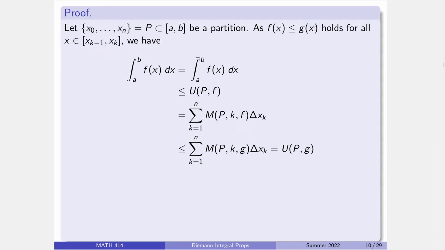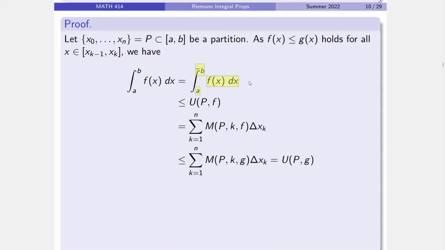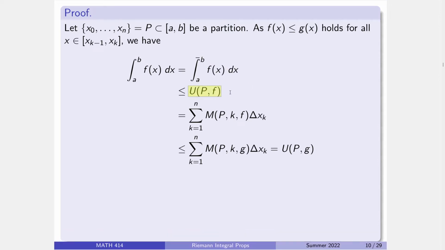Because f of x is less than g of x, that means the integral of f, which is equal to the upper Darboux integral, is less than or equal to any of the upper sums.